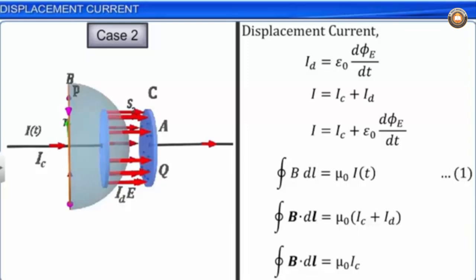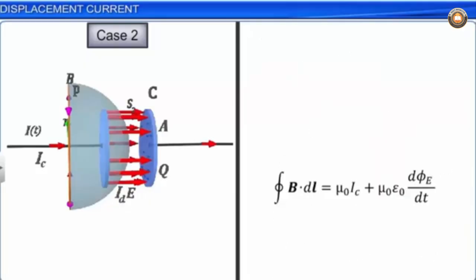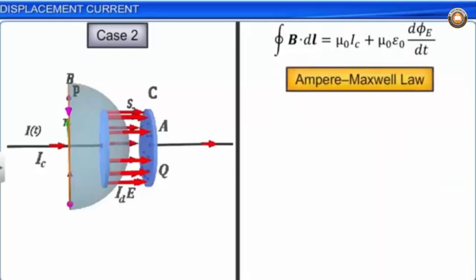Let this be equation 8. In explicit terms, when the point P is considered outside the capacitor, the source of the magnetic field at that point is only the conduction current, since outside the capacitor plates the displacement current ID is 0. Thus, integral over the closed loop B dot dl is equal to mu naught into IC.